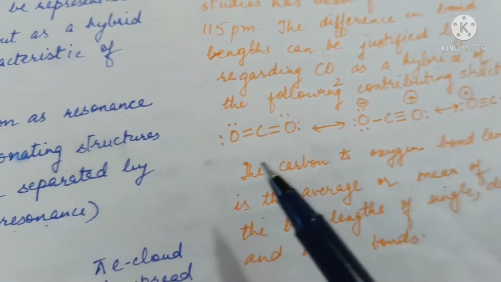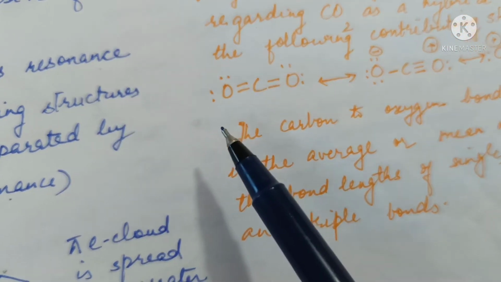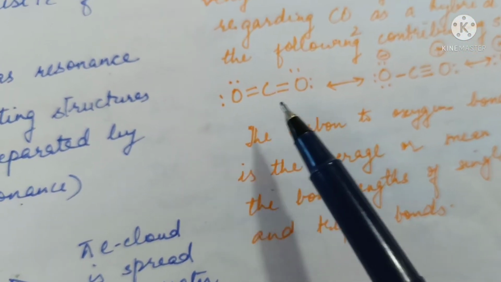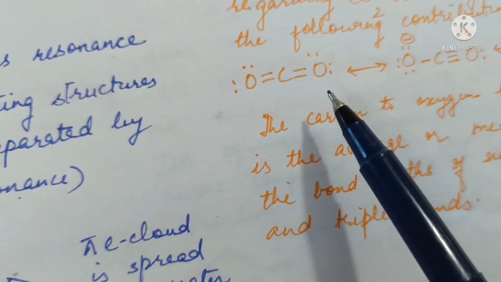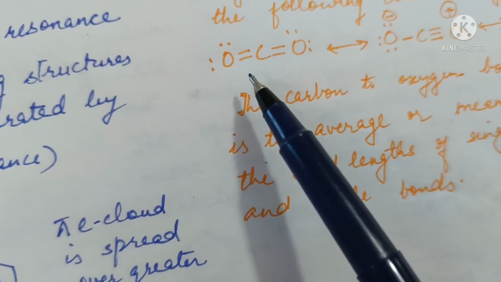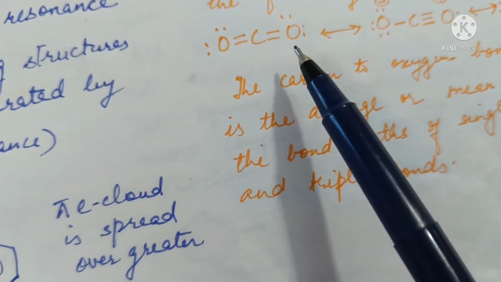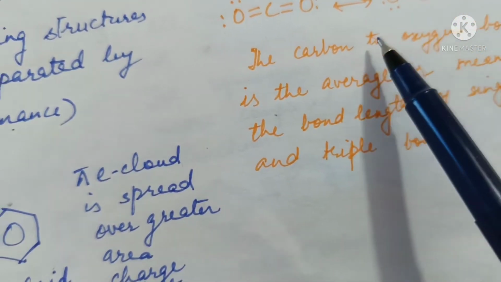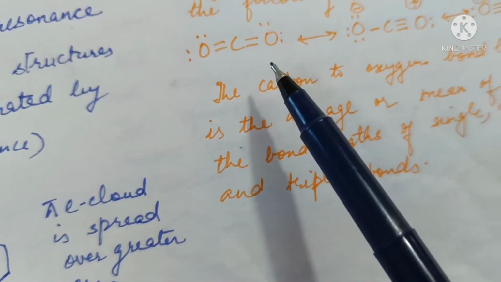Similarly, resonance in carbon dioxide. The structural formula of carbon dioxide, according to Lewis concept, has carbon with a double bond to each oxygen atom. So the bond length should be 122 picometer, but the actual bond length is 115 picometer as determined by spectrochemical studies.